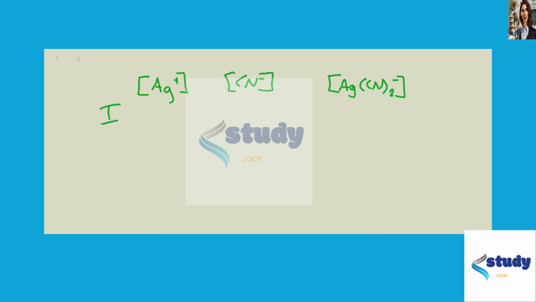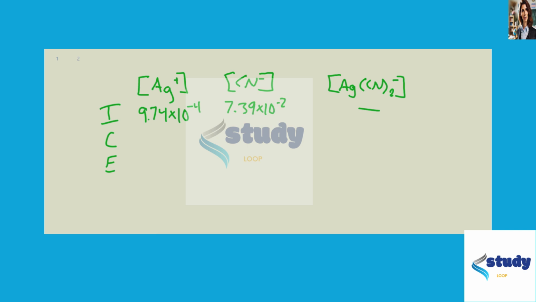And so we'll have initial, change, and equilibrium. Initial is equal to 9.74 times 10 to the minus 4 for silver, and 7.39 times 10 to the minus 2 for cyanide, and then none of the complex ion.